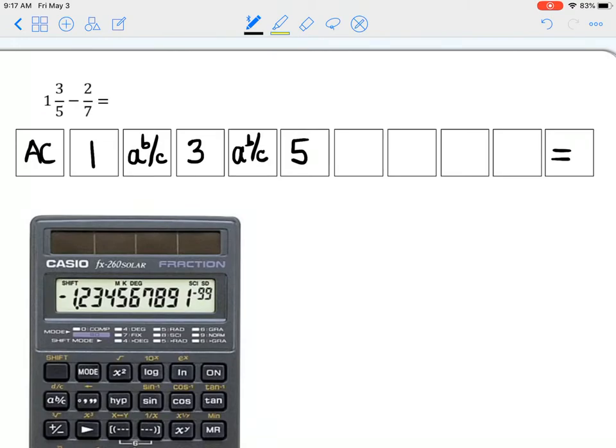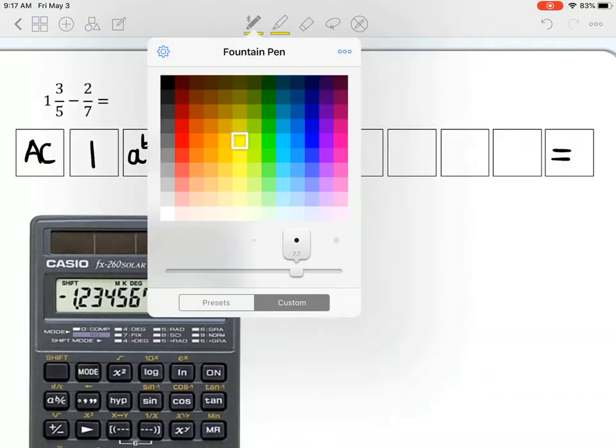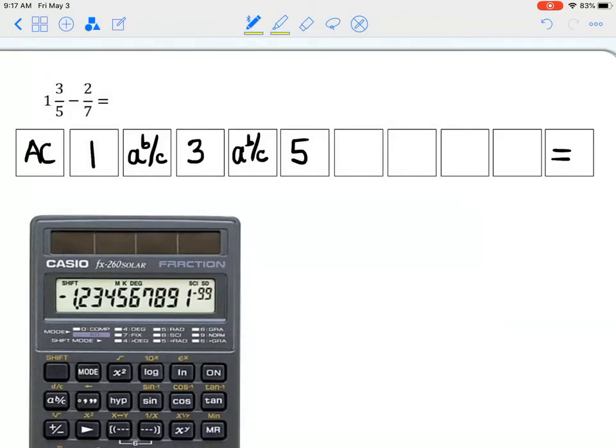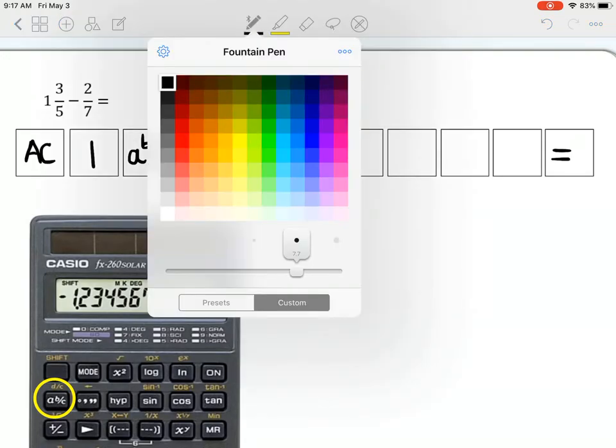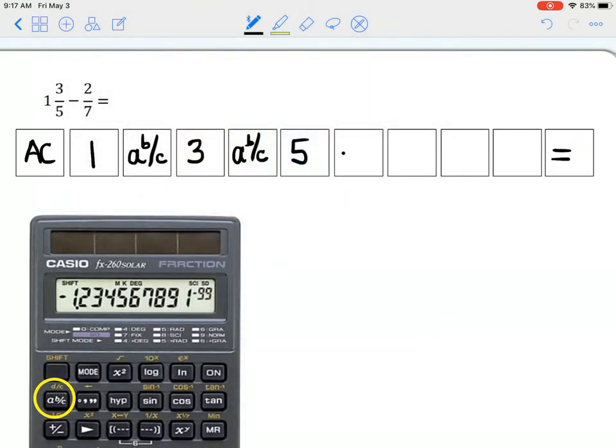If you're looking at the calculator face, it's the ABC key right there. And then we need to subtract in this one, so we use the subtraction sign. 2 ABC 7.